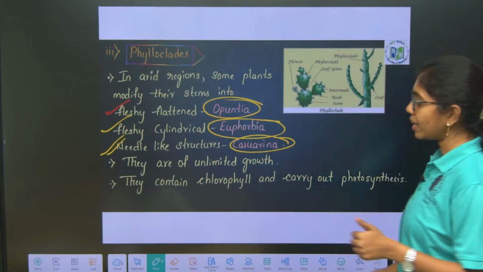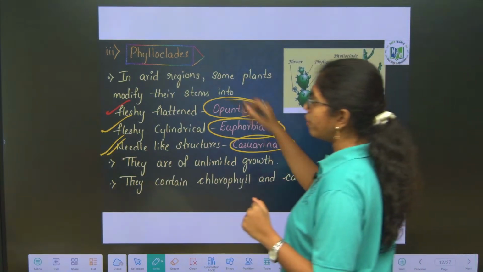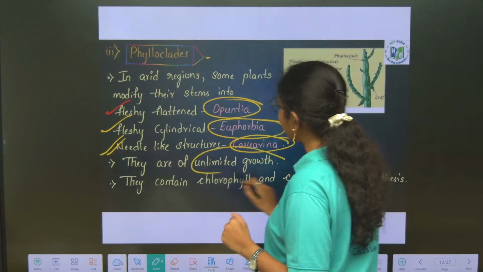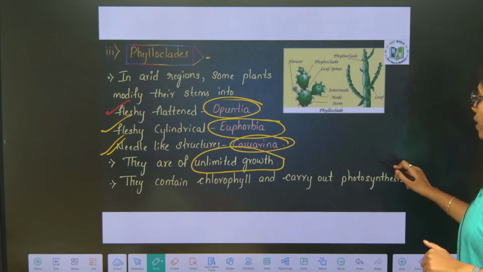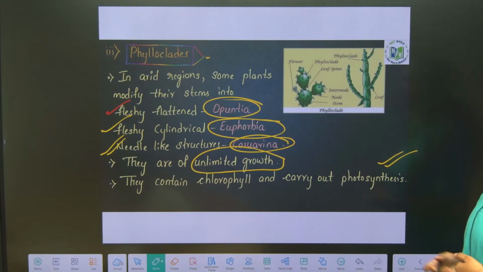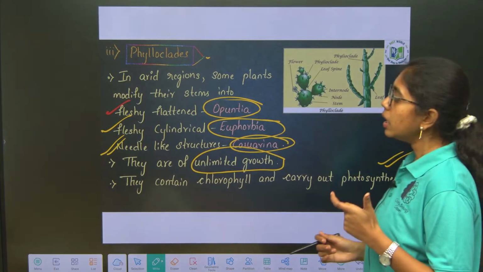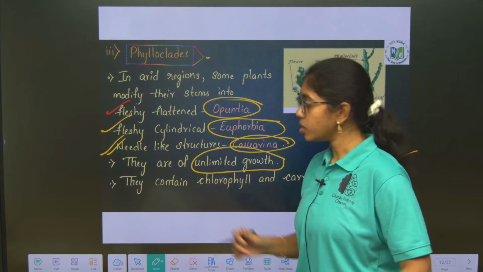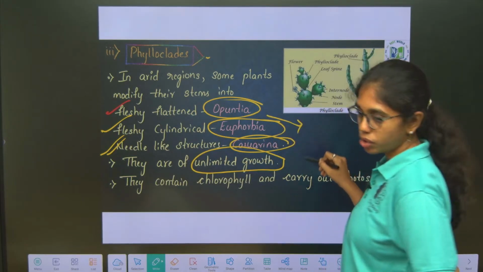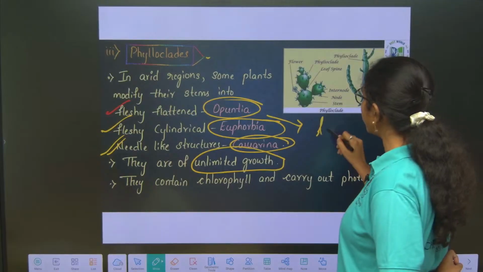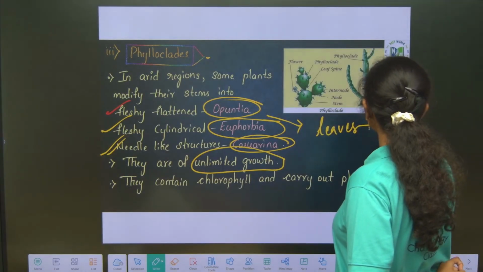Phylloclades are branches of unlimited growth. They contain chlorophyll and they carry out photosynthesis. Here the stems are carrying out photosynthesis. As the stem is modified into fleshy, flattened or cylindrical structures in Opuntia and Euphorbia, leaves are modified into needle-like structures, thorns, to reduce the process of transpiration.